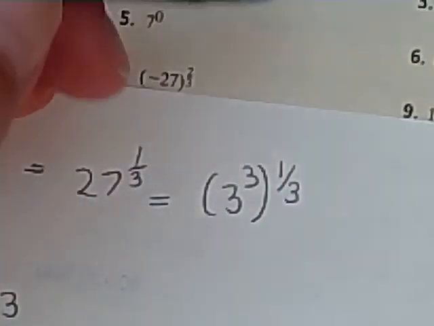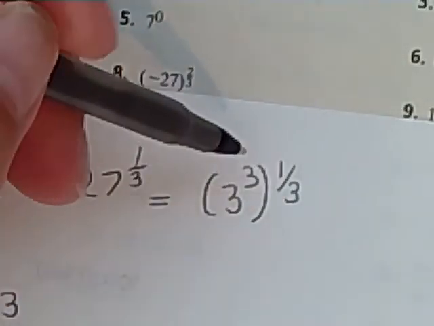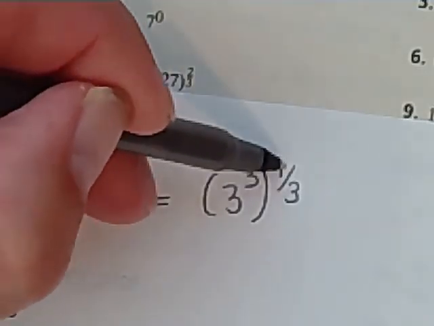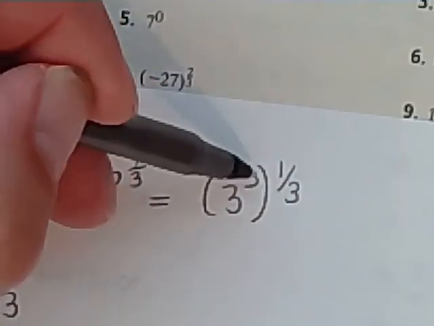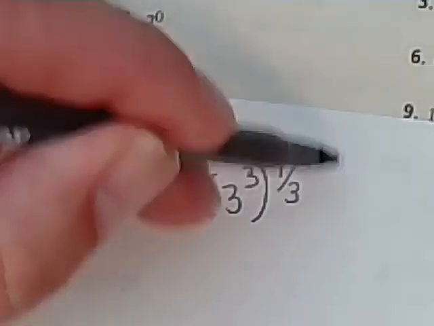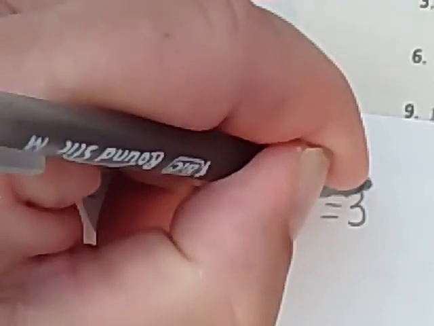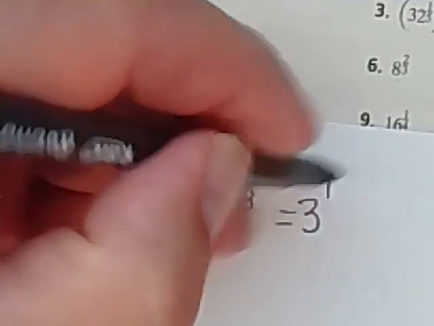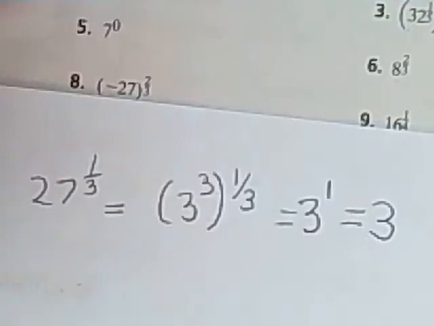The answer is you multiply. 3 times 1/3. You don't add them in this situation, you multiply. So 3 times 1/3 is 3/3, which simplifies down to 1. And 3 to the first power is just 3.